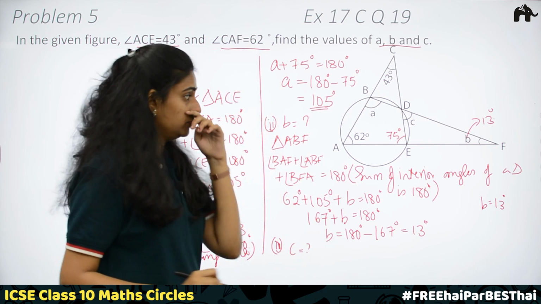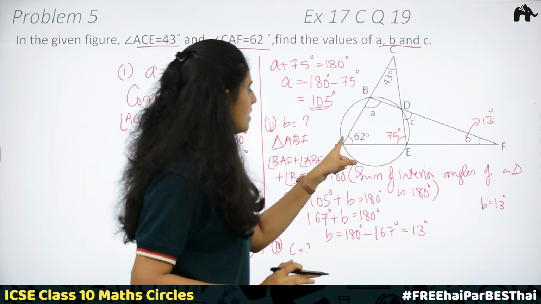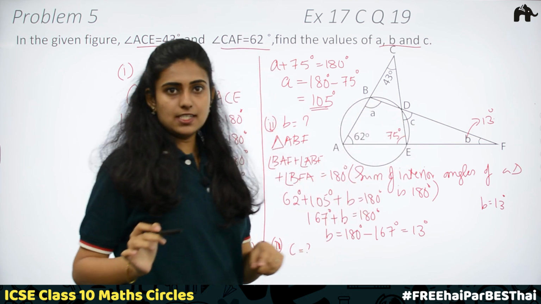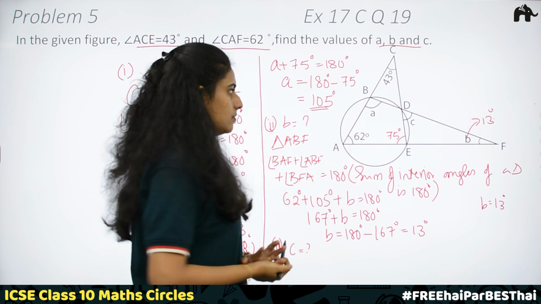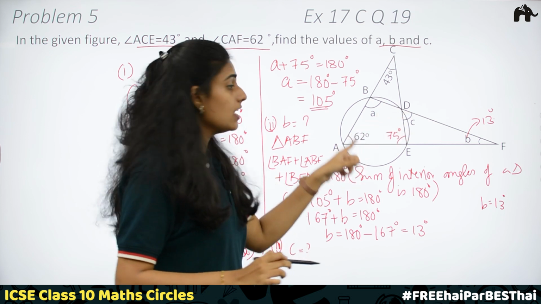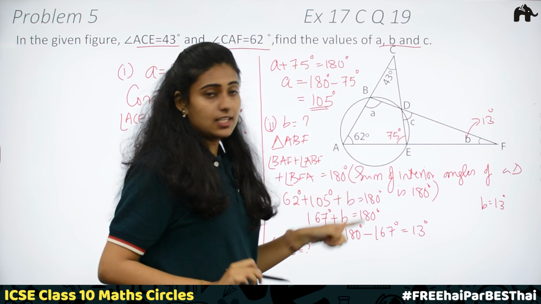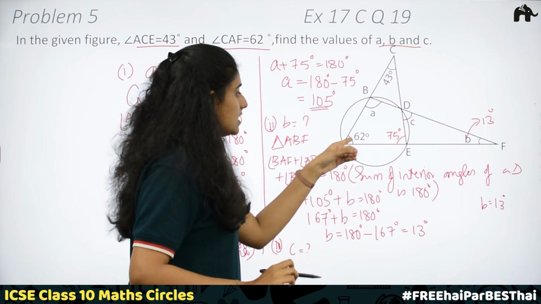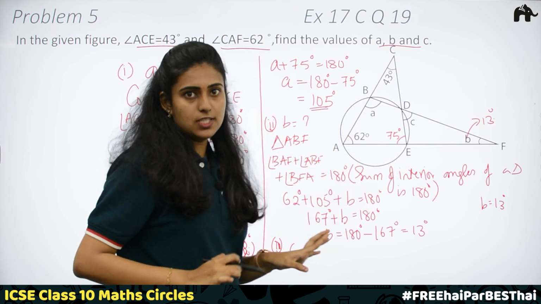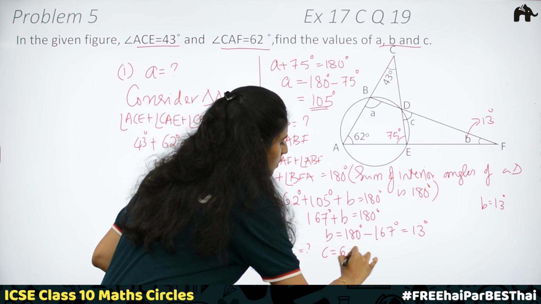How to find C? Here we have C. C is an exterior angle when you consider the cyclic quadrilateral AEDB. Yes, C is an exterior angle. We have a relation, right? Exterior angle will be equal to the interior opposite angle. So C is an exterior angle and here the interior opposite angle is 62 degrees. Yes, BAE is the interior opposite angle. Therefore, we can write C is equal to 62 degrees.